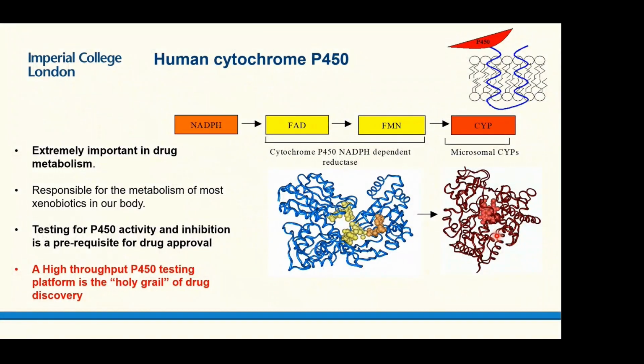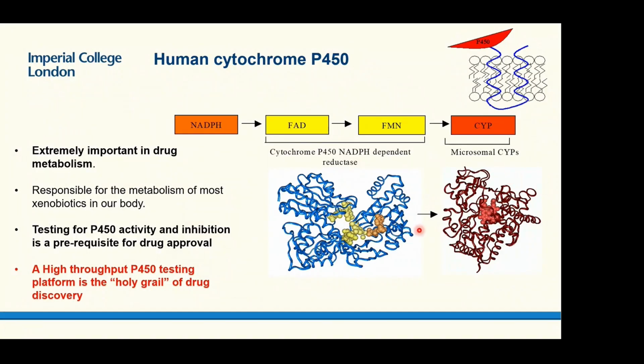Though it's quite difficult to develop a high throughput screening system based on cytochrome P450. People have tried to develop different methods based on fluorescence, but it's not that simple. So to have an electrochemically driven platform for testing drugs before they go to animal testing would be an ideal scenario. And so that's why we were involved in trying to develop this biosensor.